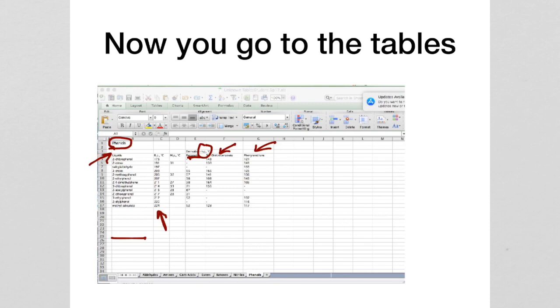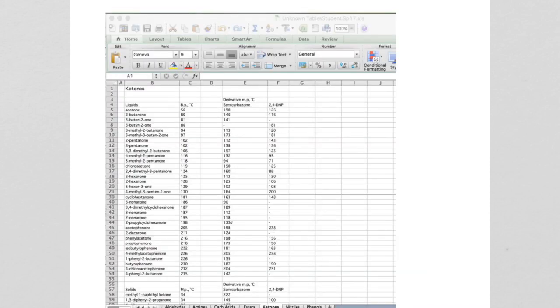What we're going to do is click on the tab for the ketones so that we can see our possible candidates for ketone. In order to get the screenshot to show what we needed, I did some clipping here, but you can get the gist of it. Now, the boiling point that we observed with our unknown was 210 to 212, I believe, 213 degrees Celsius.